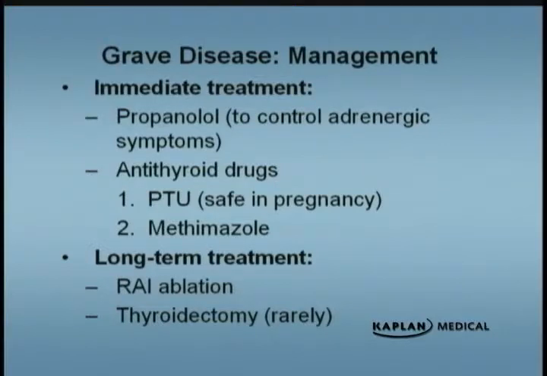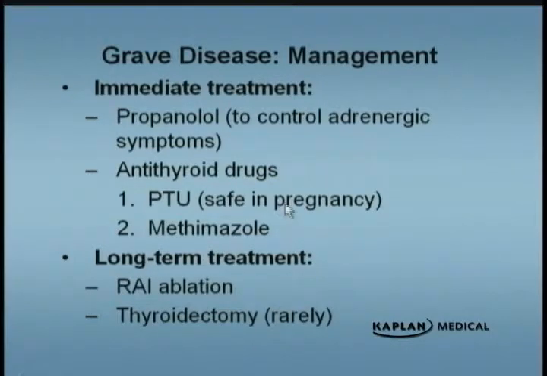So the anti-thyroid drugs used in this country are propylthiouracil, or PTU, and methimazole. Both are equally effective. Some people say methimazole is a little bit more effective. Not only does it suppress the thyroid hormones, but it also suppresses the conversion of T4 to T3 in the periphery.